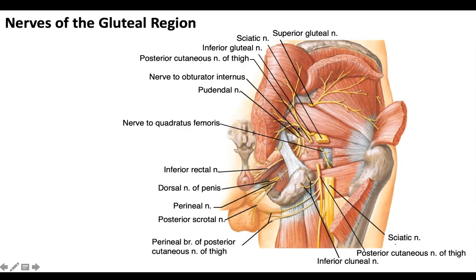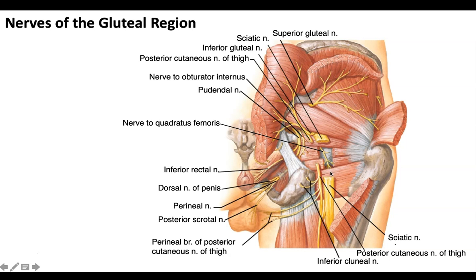The nerve to the obturator internus is a small branch of the sacral plexus. It supplies the obturator internus muscle and also the superior gemellus. There is another small branch of the sacral plexus, the nerve to the quadratus femoris, that lies deep to the obturator internus, superior gemellus and inferior gemellus.